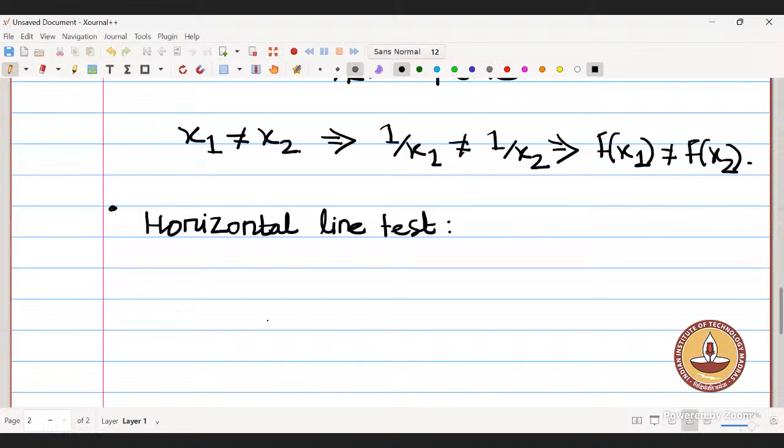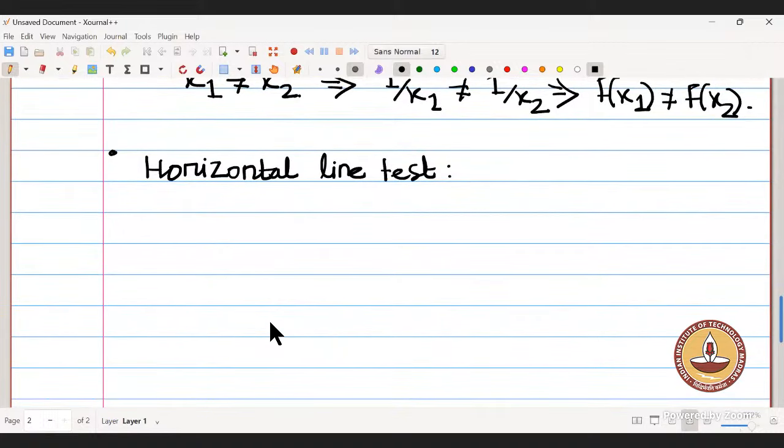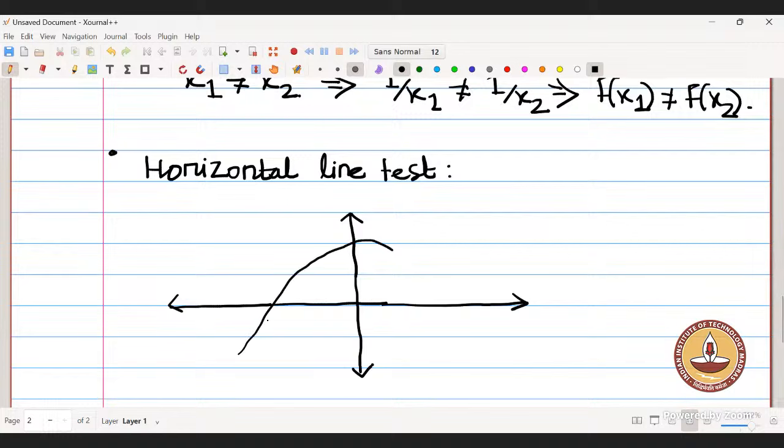So what it basically says is, if you consider this graph, let's say you have a graph like this. If I draw a horizontal line, then I can easily see that.